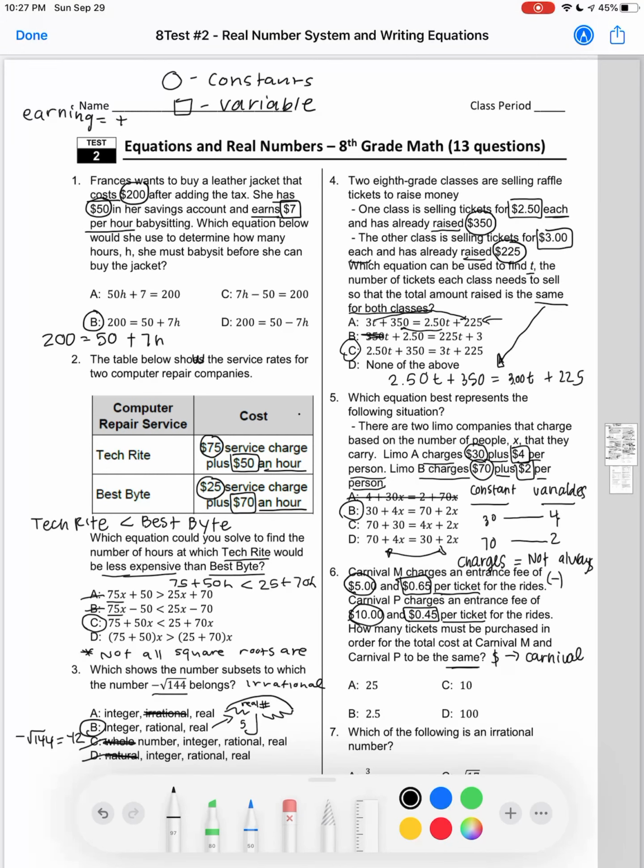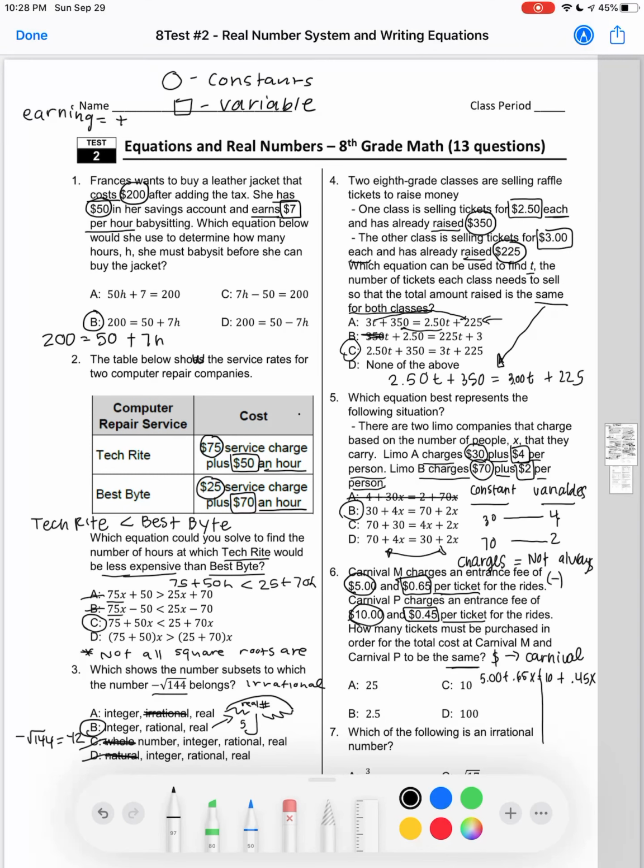So we have $5 plus 0.65x equals $10 plus 0.45x.